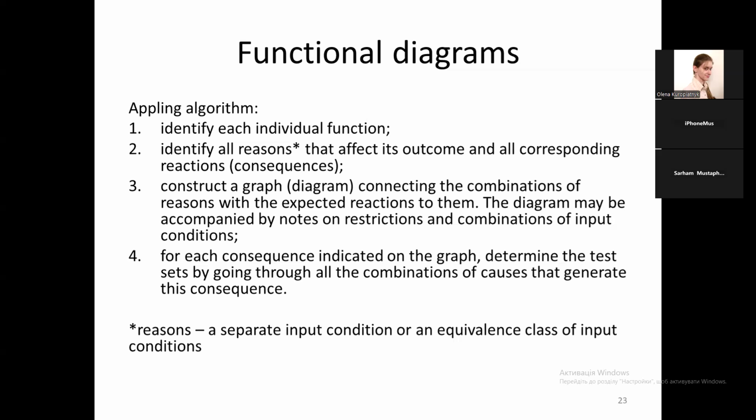The diagram may be accompanied by notes on restrictions and combinations of input conditions. After that, for each consequence indicated on the graph, determine the test by going through the combination of causes that generate this consequence.